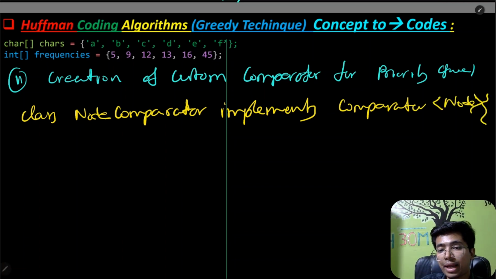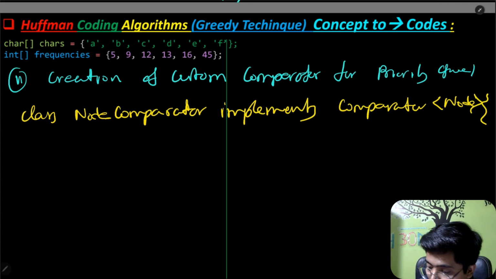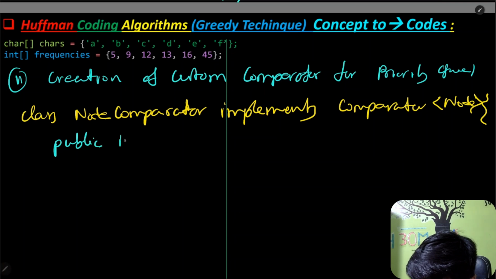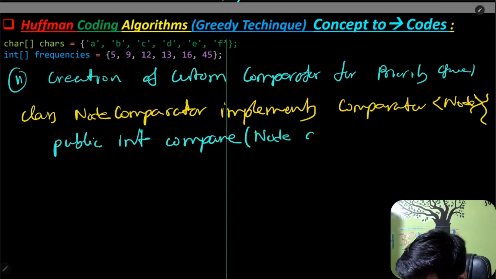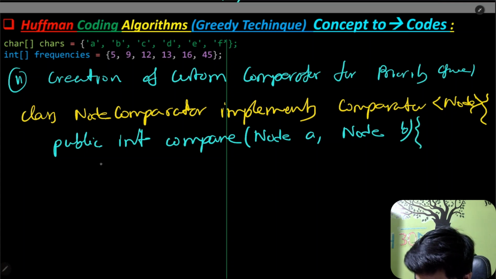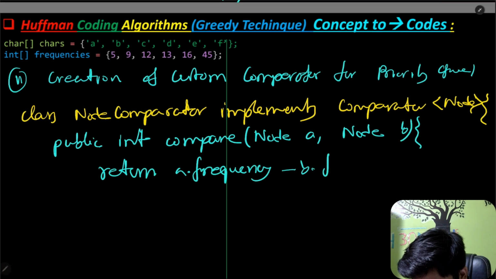Now we'll be starting our class, and now we'll be declaring a method. Let's name the method compare: public int compare(Node A, Node B), return A.frequency minus B.frequency.